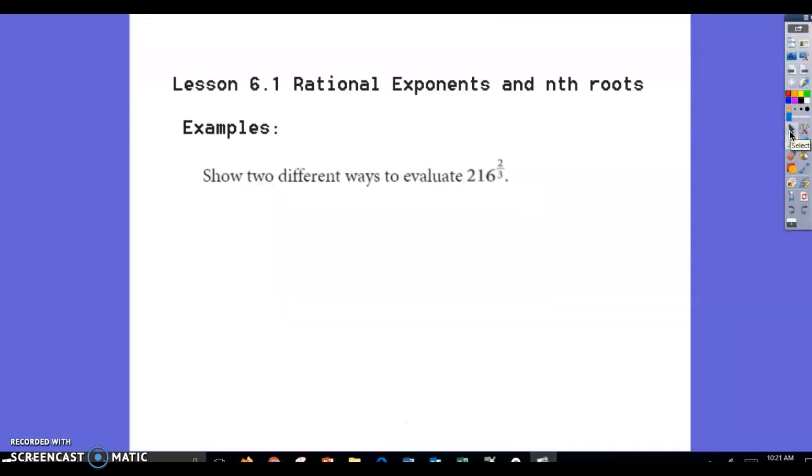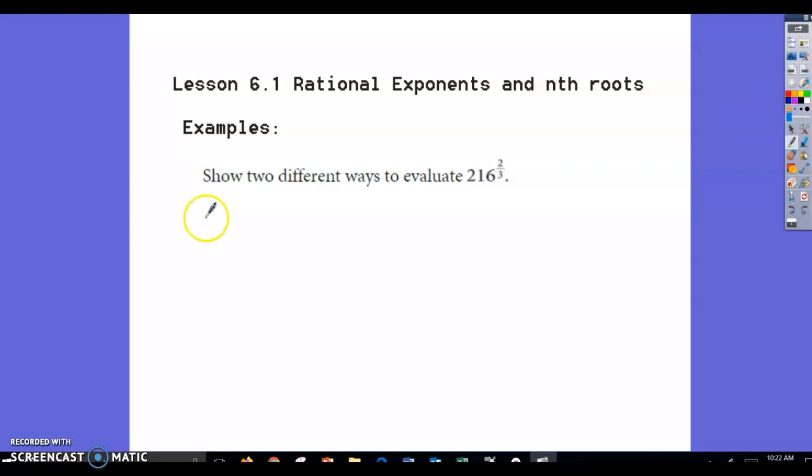All right, guys, we're going to look at a couple examples here of rational exponents and nth roots. This question says, show two different ways to evaluate 216 to the 2/3 power. So we know that we can write this in multiple ways from the examples in the task.